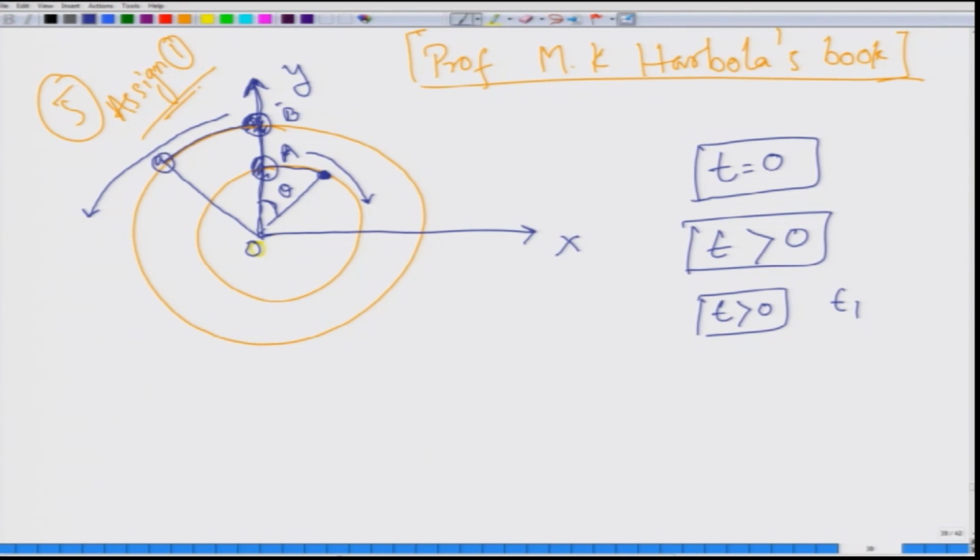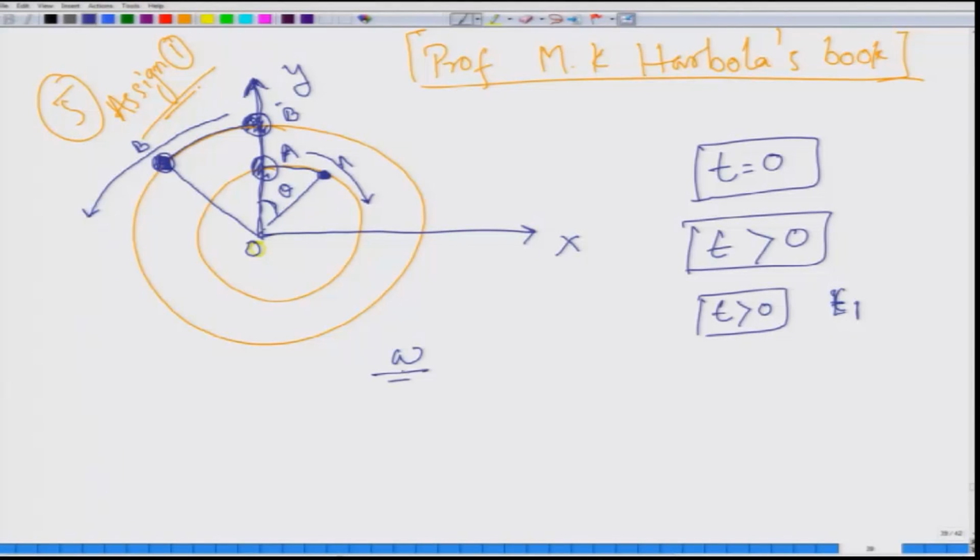This is the new position of B at time t1. Now what is supplied is that they are moving with the same angular speed, but A is moving clockwise and B is moving anti-clockwise. So I can write the same angular speed omega.